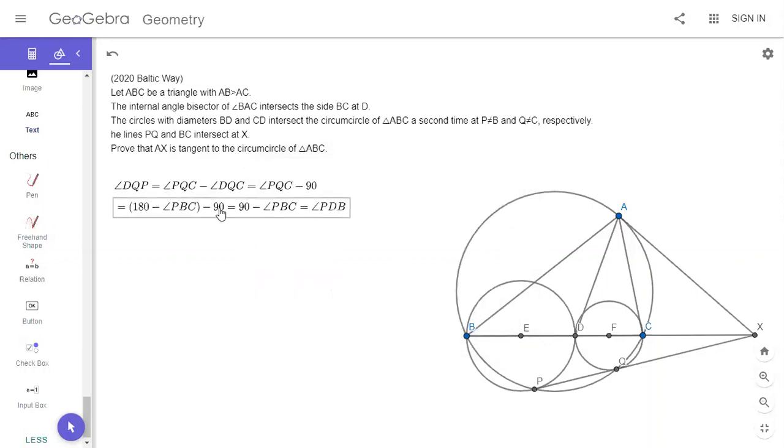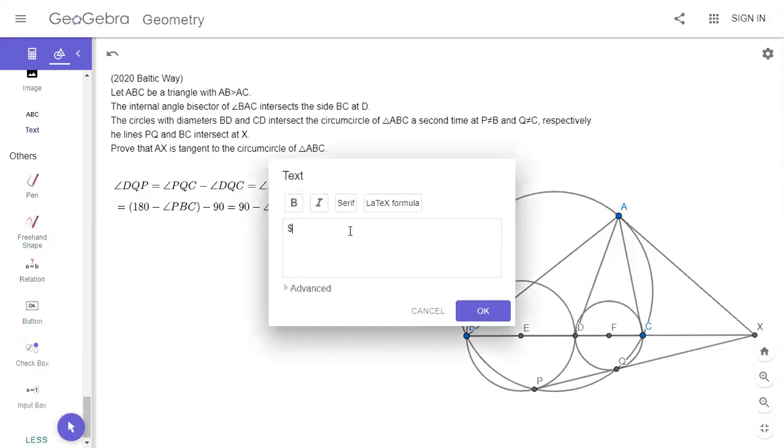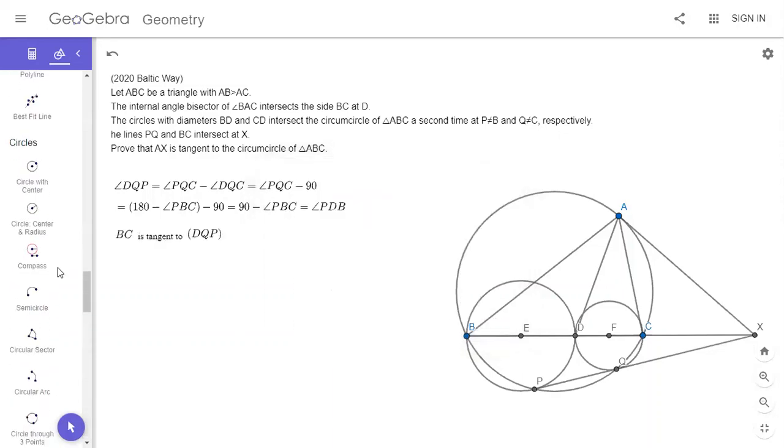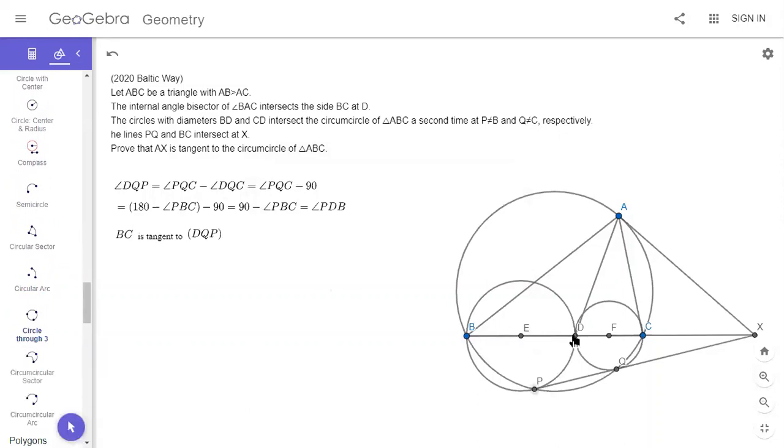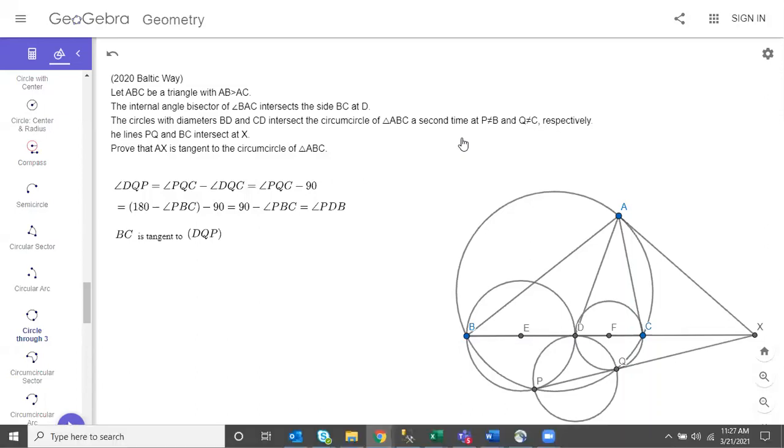All right. So BC is tangent to the circle DQP. So we can now draw that in, because if angle DQP is equal to angle PDB, then it's tangent. Let's see what we have in the chat. We can also use phantom points. Interesting.